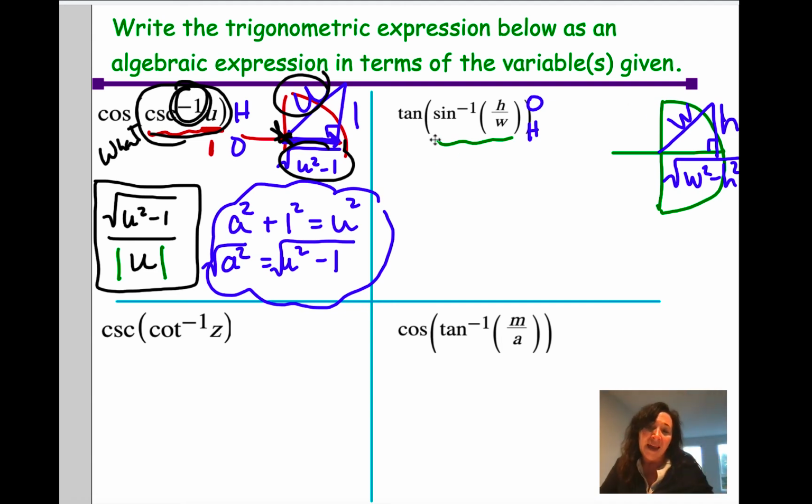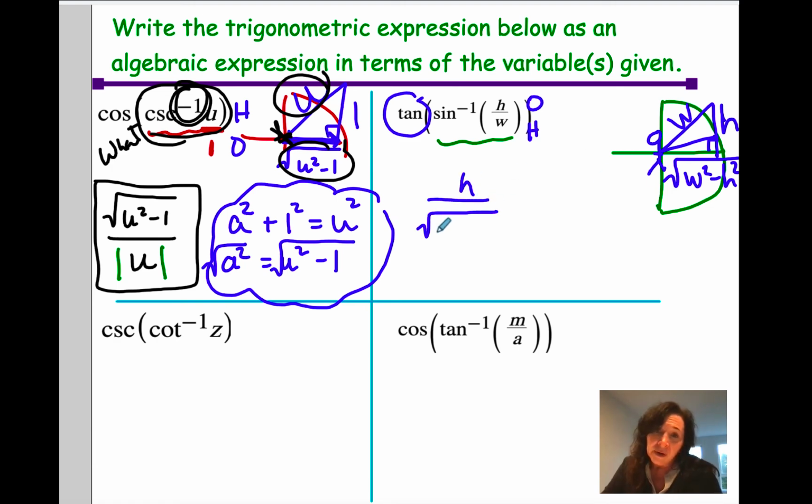So the next question, this one, is saying, what is tangent of where we are? We are here. So what is tangent? Tangent's opposite over adjacent. So that opposite is h, and the adjacent side is actually a root, forgetting I was using w instead of u.